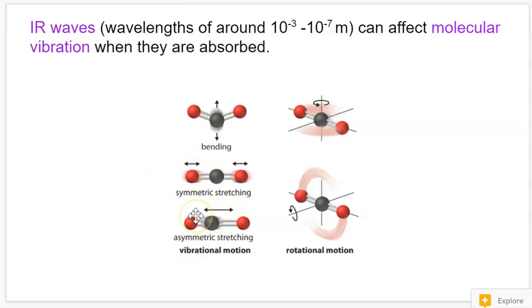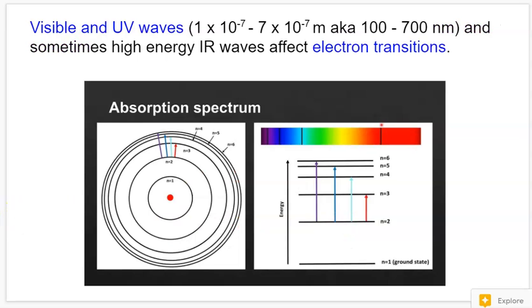And then the visible and UV parts of the spectrum, which is in a much smaller region from basically 100 to 700 nanometers, which is 1 times 10 to the negative 7 to 7 times 10 to the negative 7 meters, and sometimes the high energy IR waves, which are from 700 nanometers into the thousands of nanometers, these affect the electron transitions.